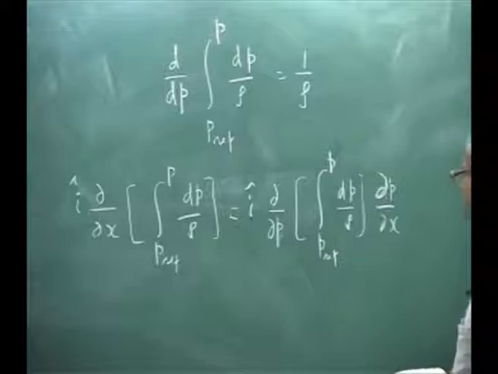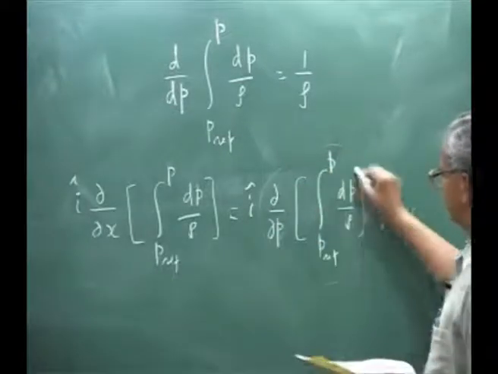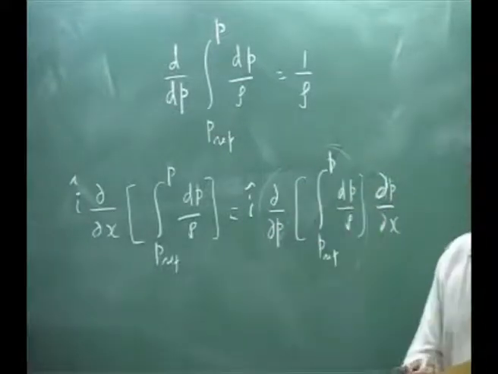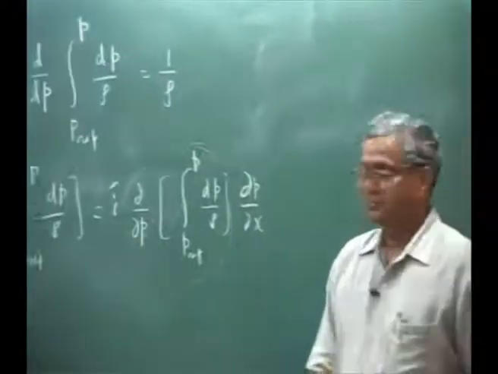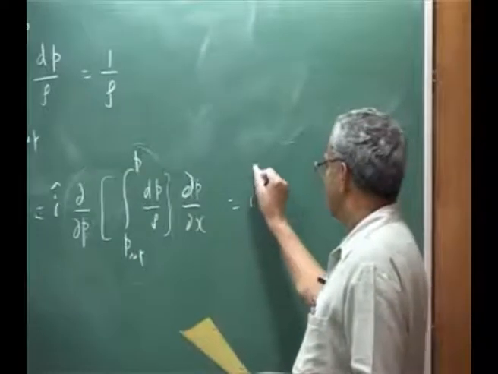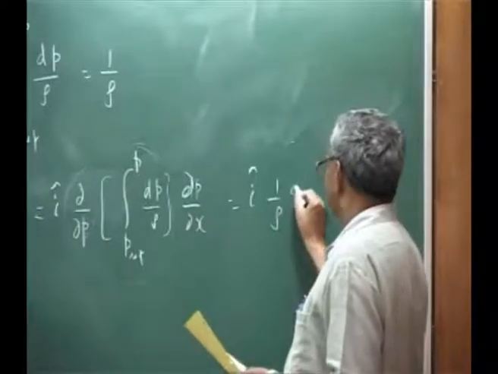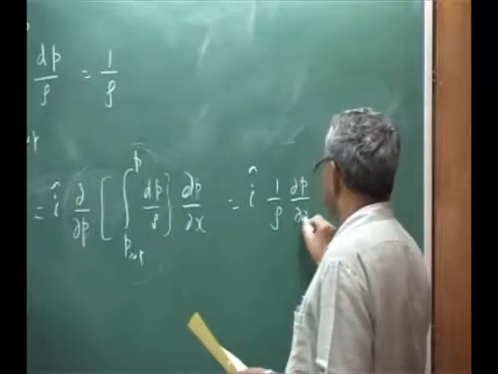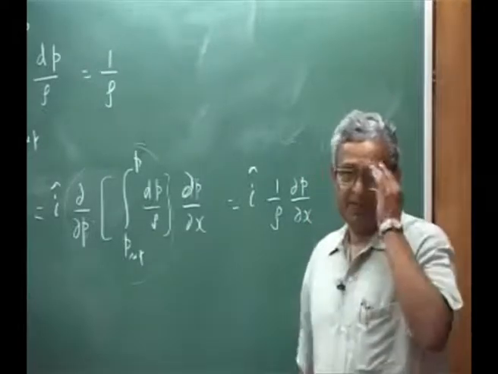This is nothing but 1 over rho delta p by delta x.